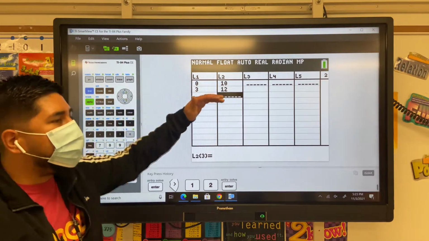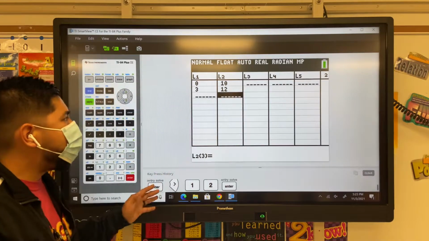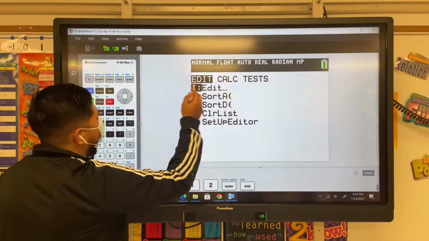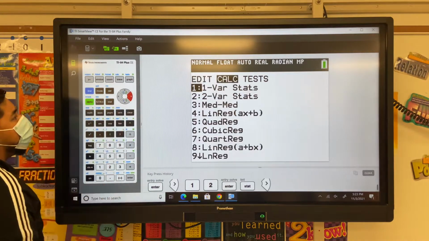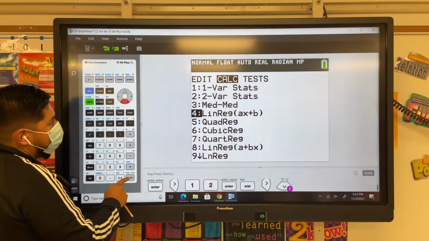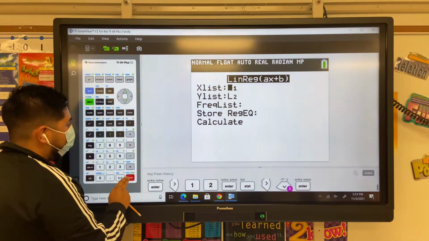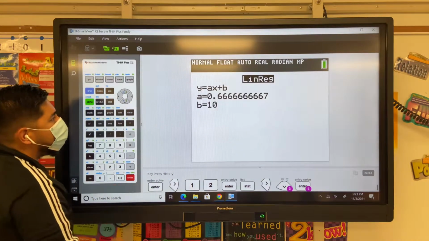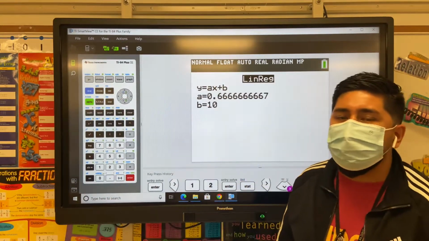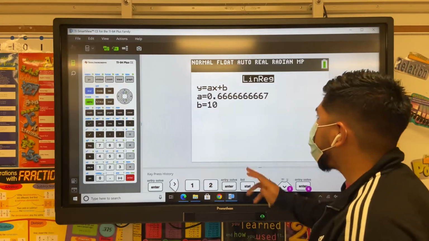Now that I got my 2 points in there, I finish it off. Stat edit, stat. Gotta go to calc, I must press the side button. And coming down to number 4. I press enter, I go to calculate, and I get this ugly number 0.666666667. Of course, we can round this.